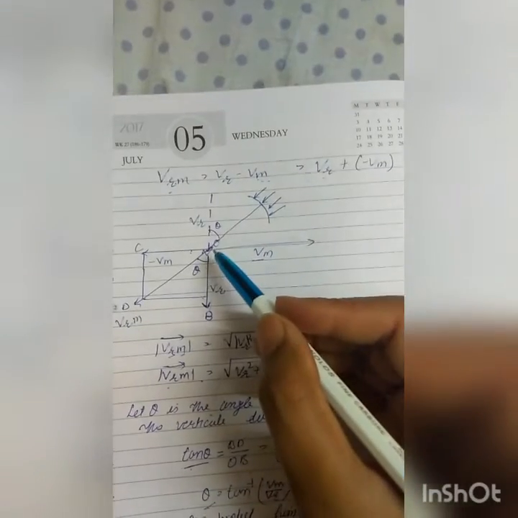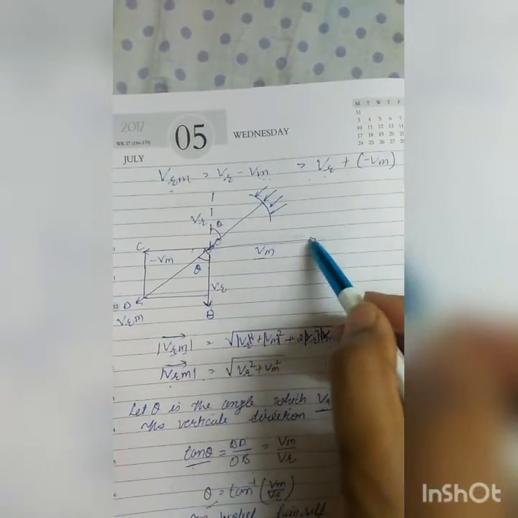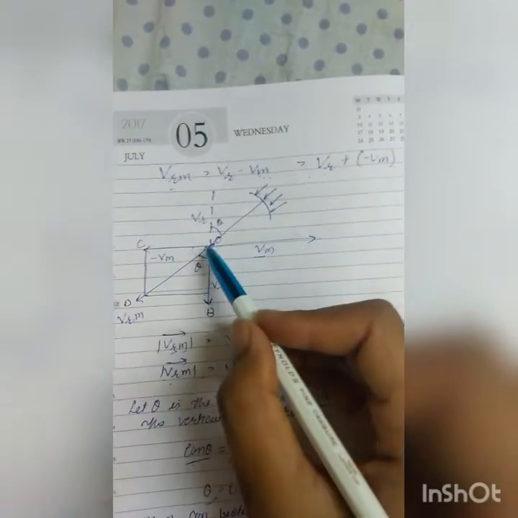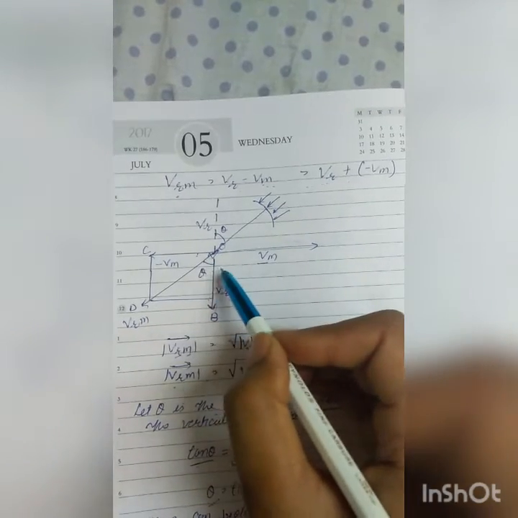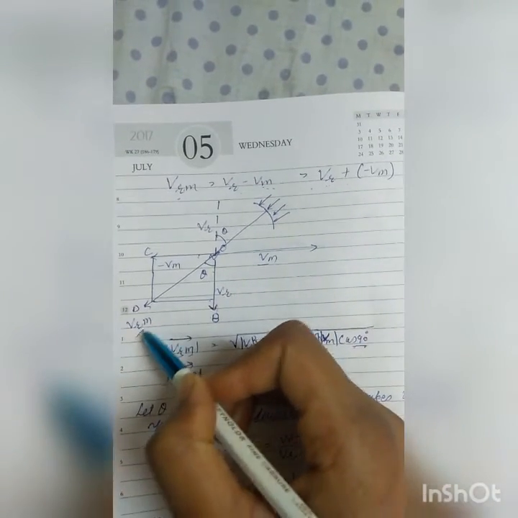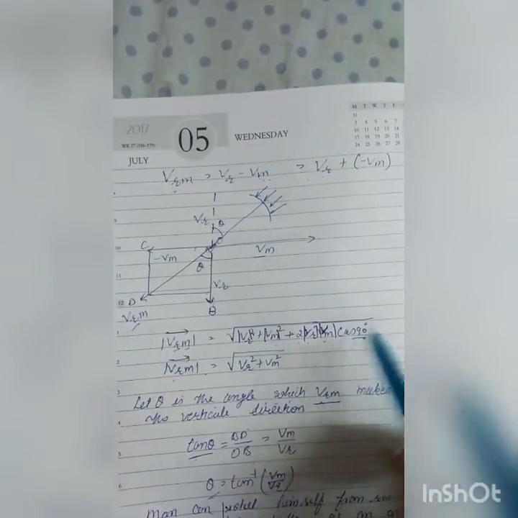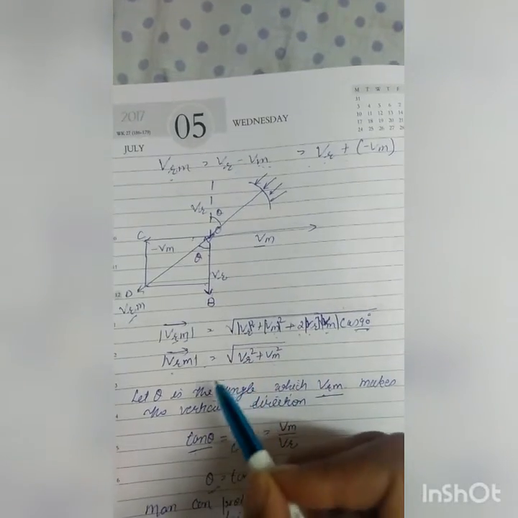Since the rain is falling in the downward direction and the man is moving in the forward direction, we reverse the direction of the man and find the resultant velocity. The angle between the velocity of rain and the velocity of man is 90 degrees. So cos 90 is 0 and we get the square root of Vr square plus Vm square.